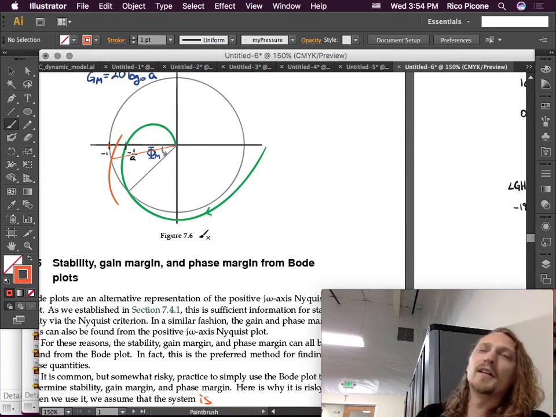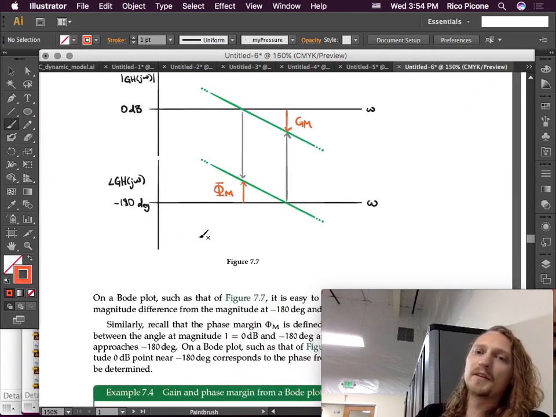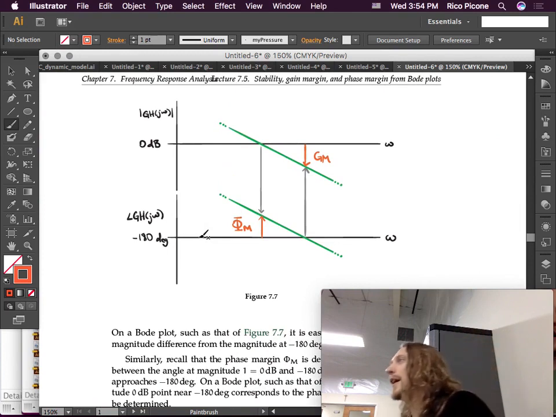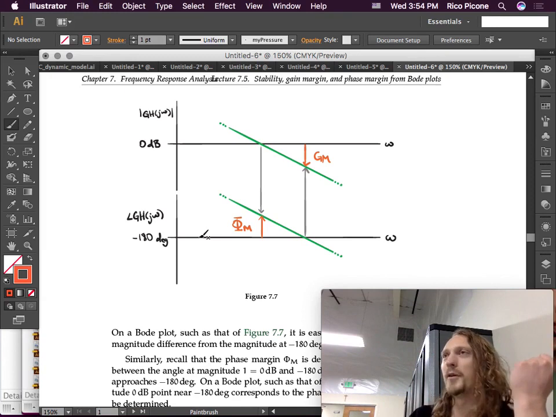So that's our gain margin, and we have to do it in dB. But why is gain margin usually in dB? Well, because usually people think about it in terms of the Bode plot, which is in dB, and so that's why we think of it in terms of dB.